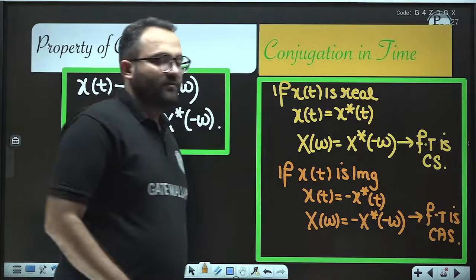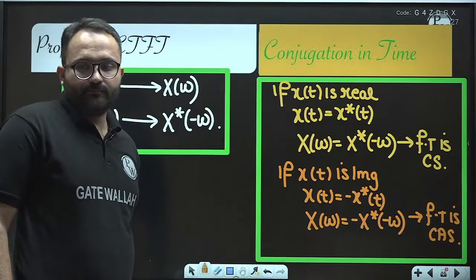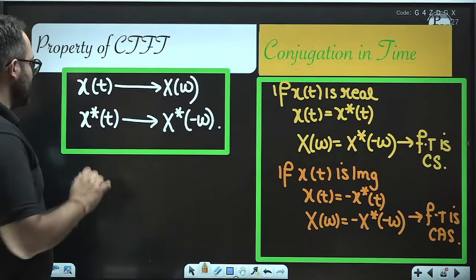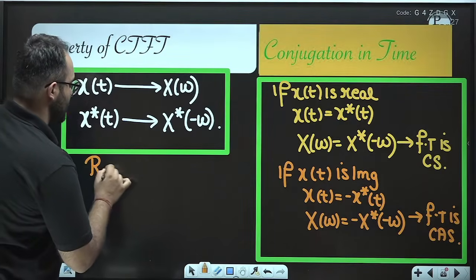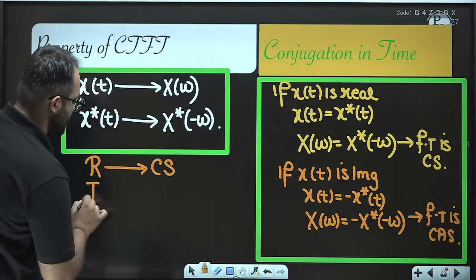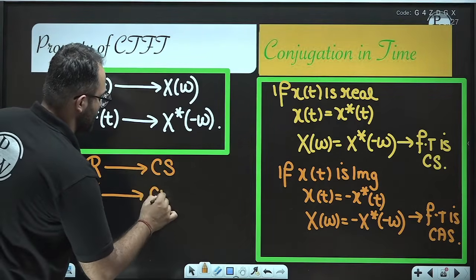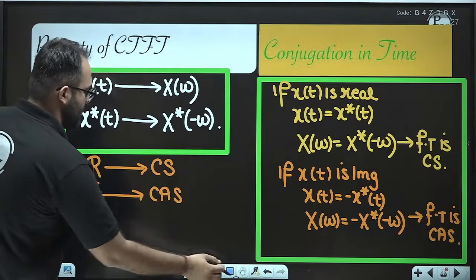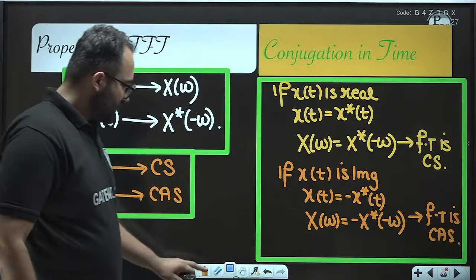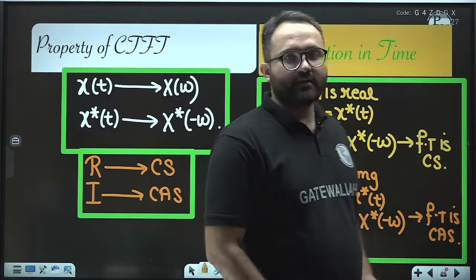So the property is: a real signal has a conjugate symmetric Fourier transform, and an imaginary signal has a conjugate anti-symmetric Fourier transform. These are the two properties we can see from here.